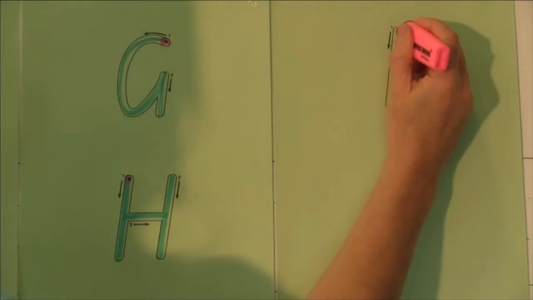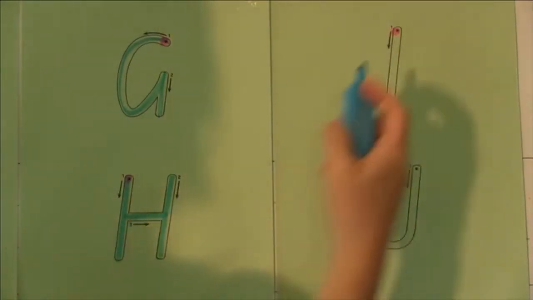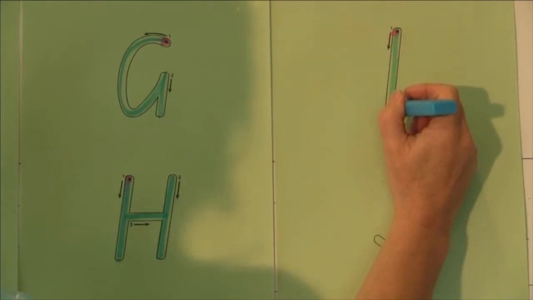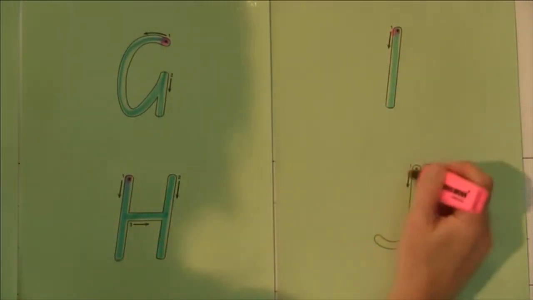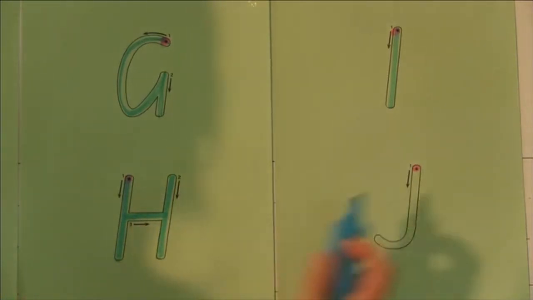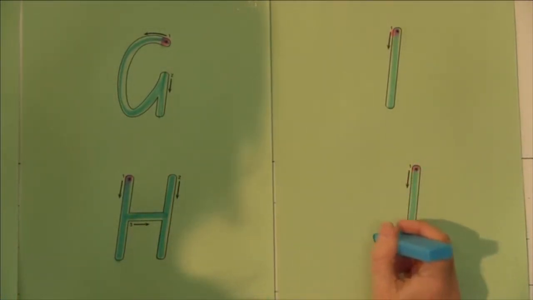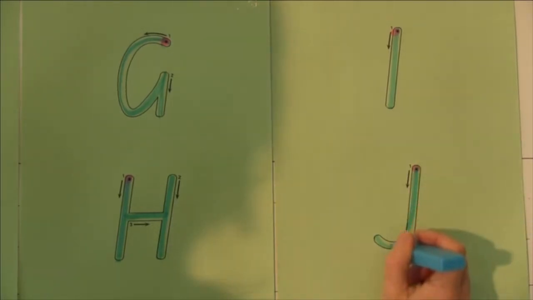And I, no, that's not too tricky, is it? There's only one stick in this, and of course it goes from the top down. J is similar, except of course it has that lovely hook on the bottom. So we're going to go down and around, down and around.